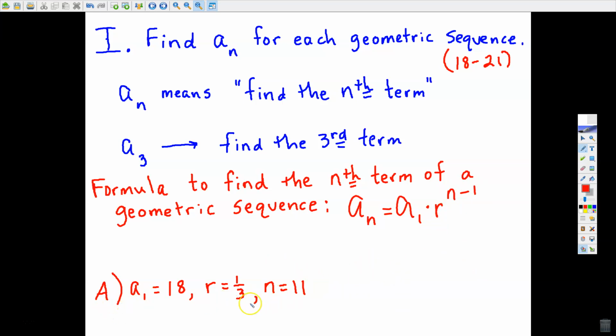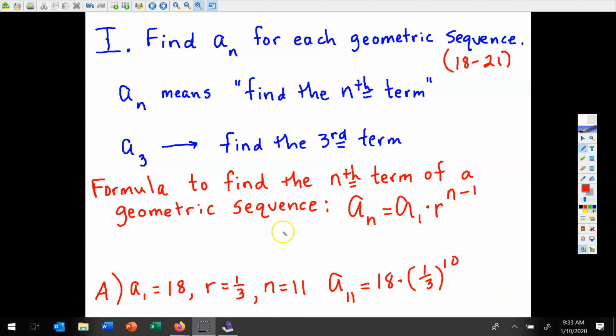So here's letter A. Apparently, according to this, I'm finding the 11th term. N is 11. The first term is given as 18, and r is given as 1/3. The exponent for 1/3 is going to be 10, one less. Now you can grab your calculator.